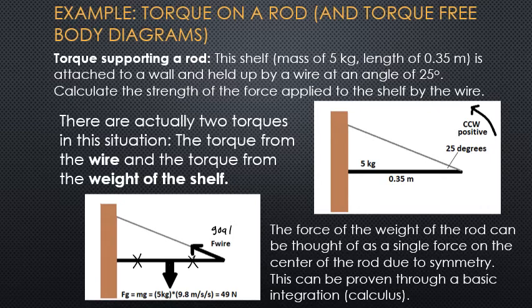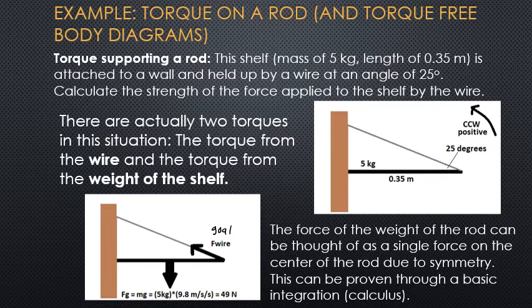And because of that, we can assume that because of symmetry, all of the weight balances out to the center of the shelf. So you can treat force of gravity on an object like this as a force acting just like this diagram shows here, a force acting directly on the center of an object because of that balance, because the left side and the right side are balanced, and so all of that weight mathematically can be thought of as right in the middle.